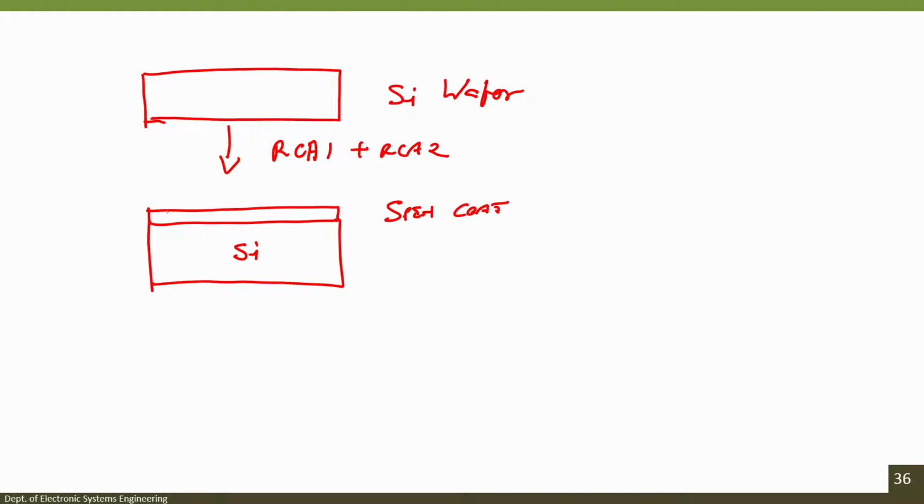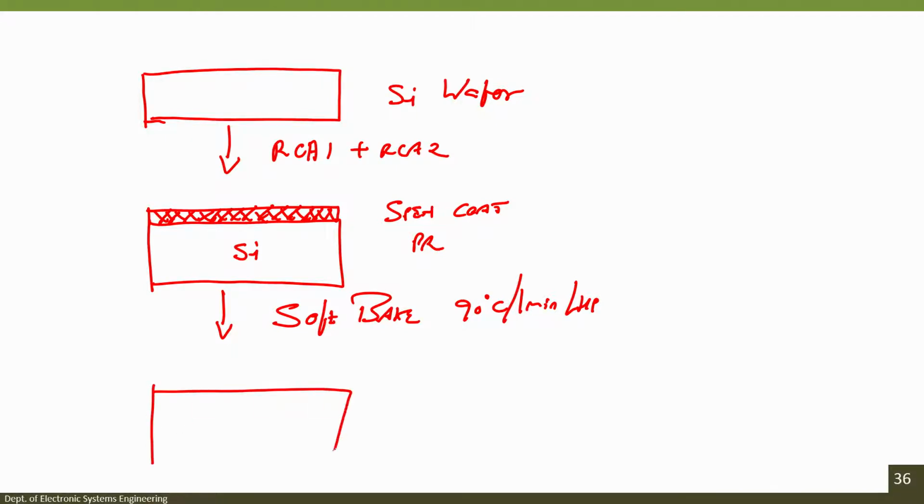It can be positive photoresist or negative photoresist. Next step is you soft bake. You bake this photoresist at 90 degrees centigrade for 1 minute on a hot plate.